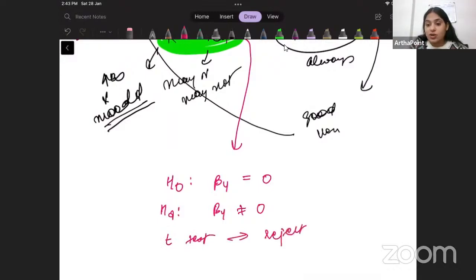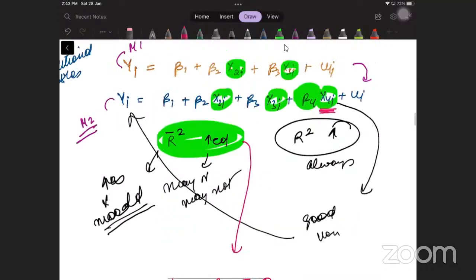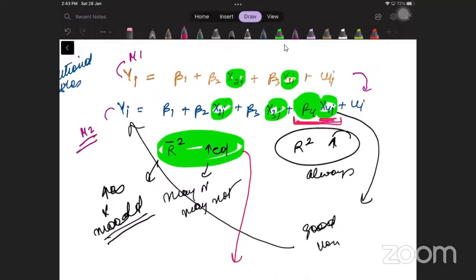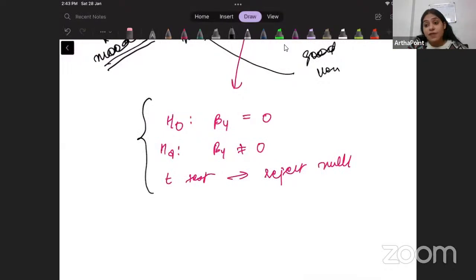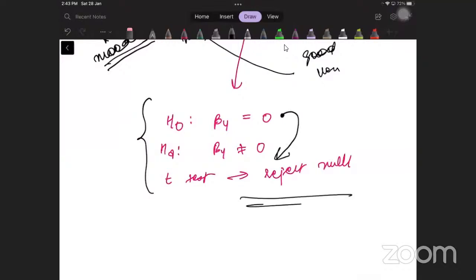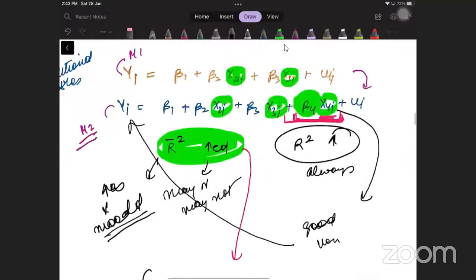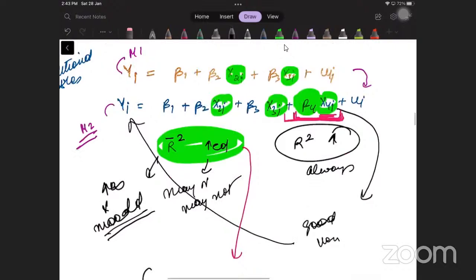Please make note of all this. So if I test individually how important this variable is, and I am able to reject the null in favor of the alternative, it means this variable is important. If this variable is important, then its corresponding r bar square also increases.